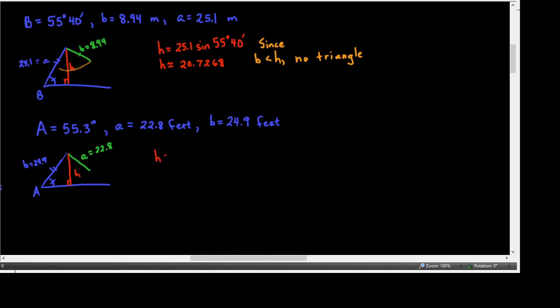So, the altitude is going to be B, 24.9, sine A. Notice those have different names, B and then A for the angle. And then tell me what you get there. I got 20.471.